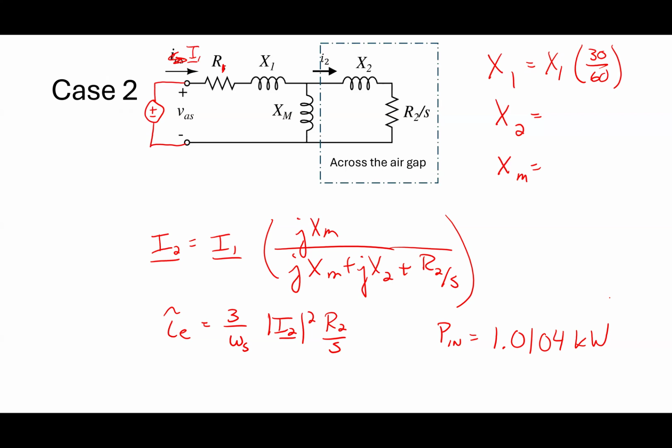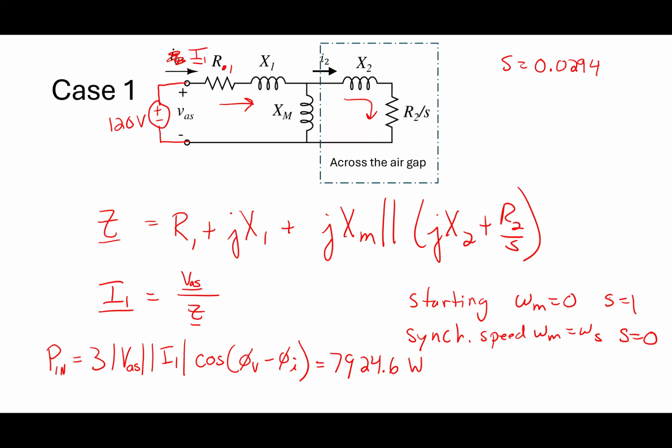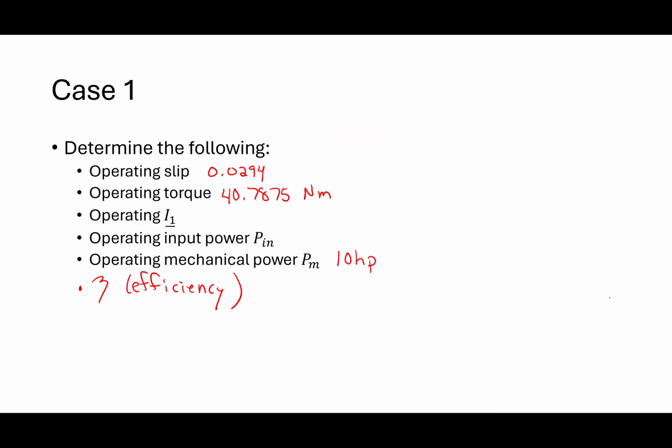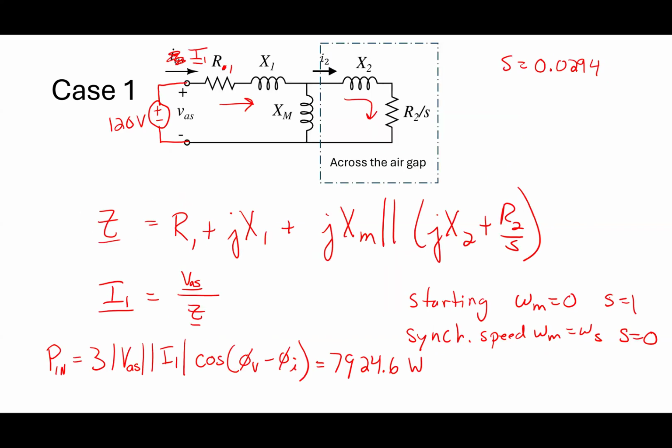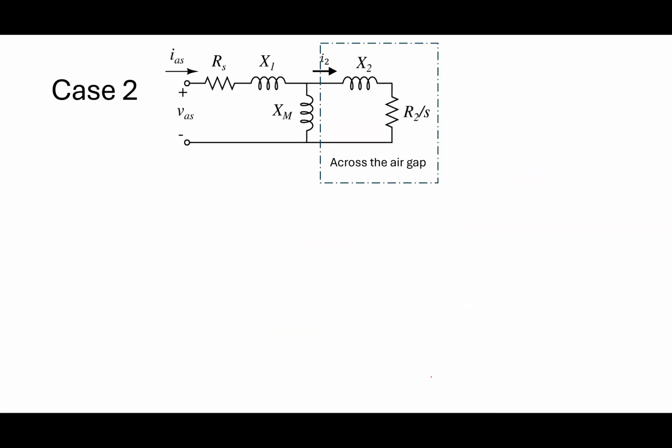The power here is 1.01 kilowatts. In the previous problem, same motor operating at full speed, what did we calculate? Yeah, 7.924 kW.